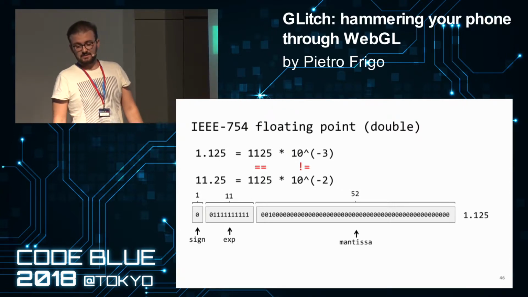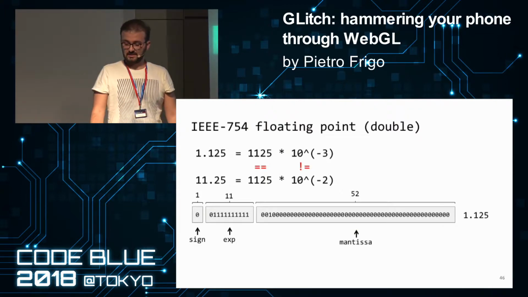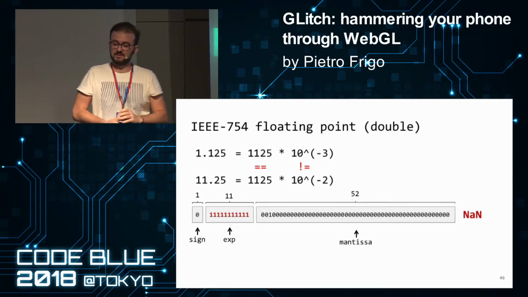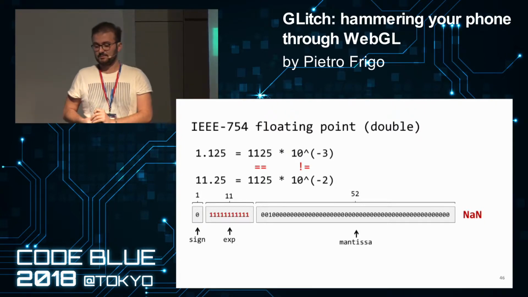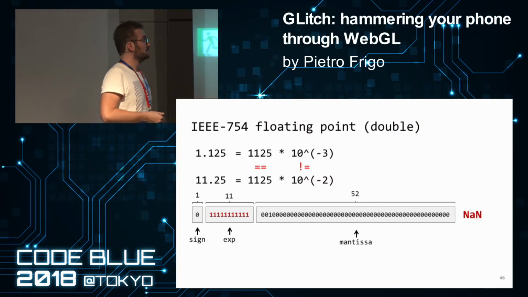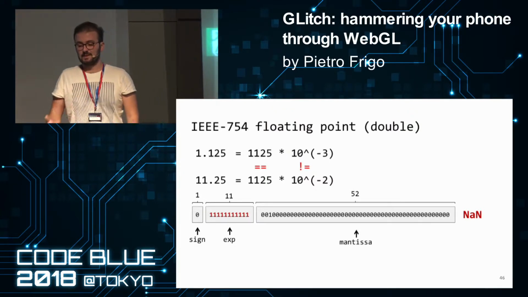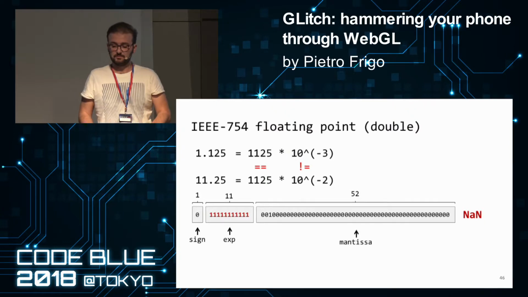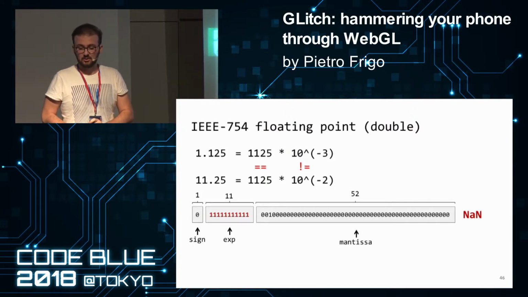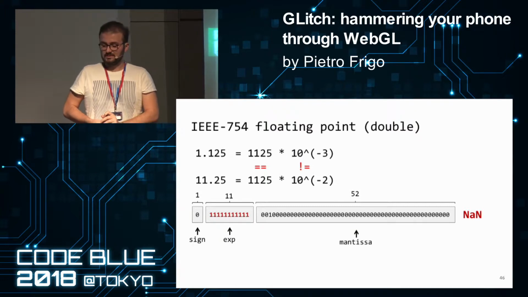And what they designed when they decided the standard was that if all the exponent bits are set to 1, and another bit inside the significand is set to 1 as well, this value would be considered NaN, and NaN stands for not a number, which means that you cannot really use that value for any computation, but it's just there.